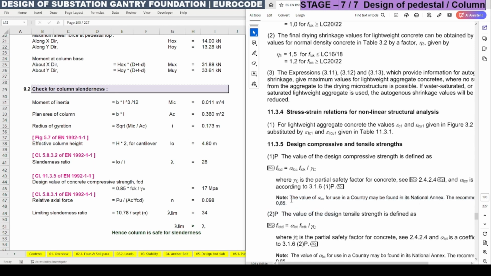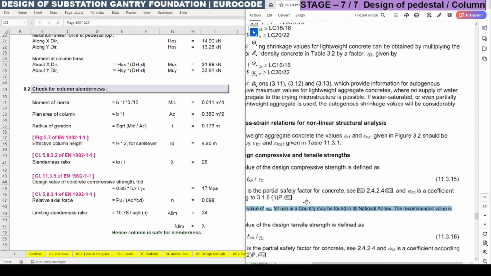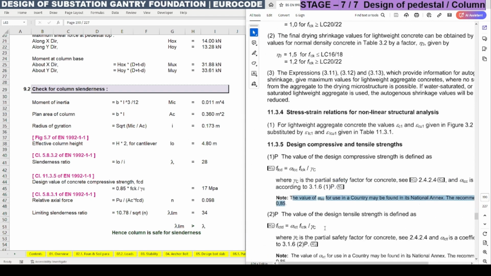The recommended value is 0.85, which is stated here in the notes. So we are considering this equation as 0.85 FCK divided by gamma C. The design value of compressive strength is coming as 17 megapascal.